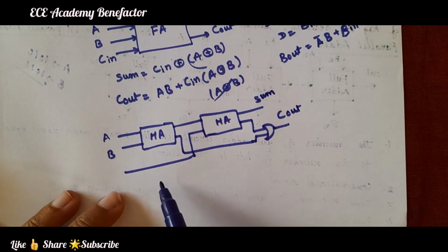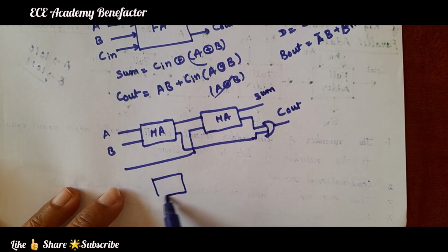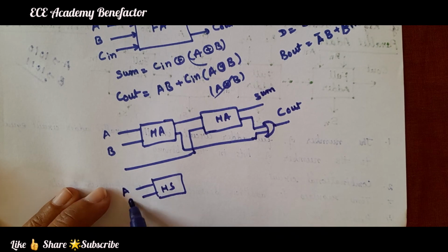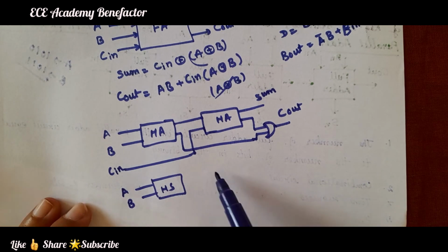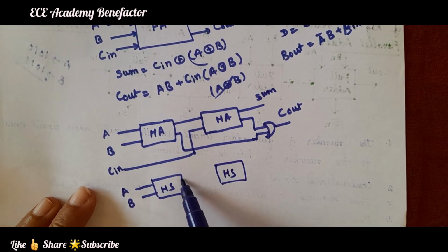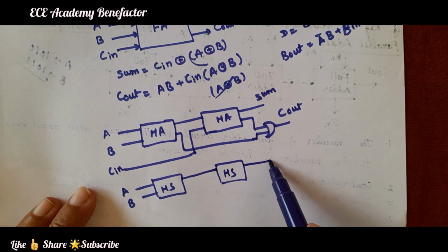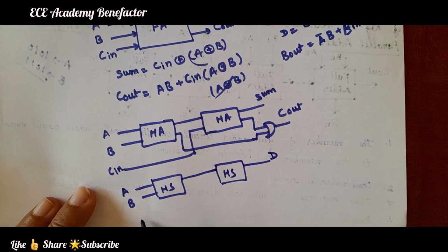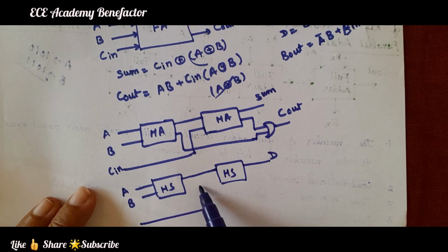Now coming to the full subtractor. Half subtractor, the two inputs are A and B. Here the third input is C for the full adder. Half subtractor: so, the half subtractor difference is coming here, and the third input is borrow in, like this.